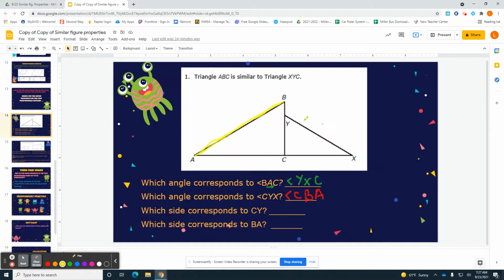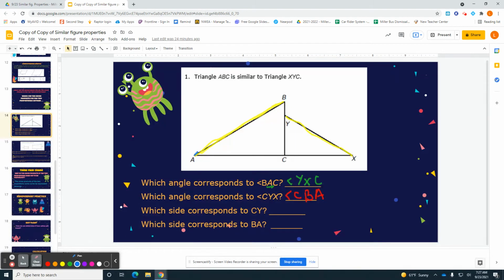Well, it's going to correspond to side YX if you said that, you are correct. We know that because that is our slanted side, or our hypotenuse. This is our slanted side on this one, so we know that one is going to be the one that matches to A. It is the one that is directly across from our right angle. That's what I mean by hypotenuse.